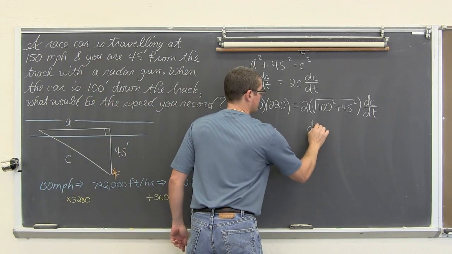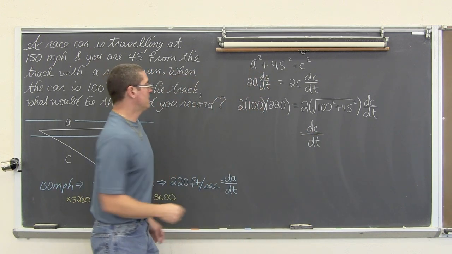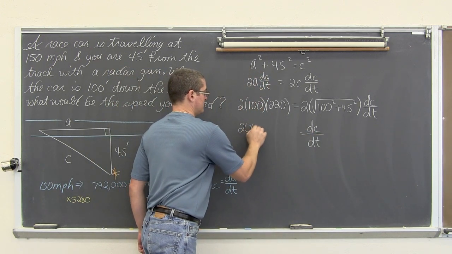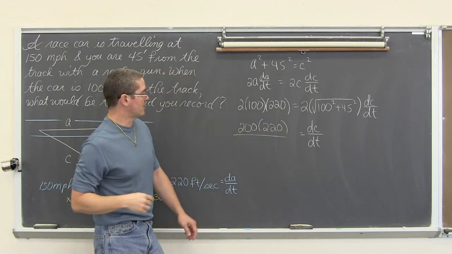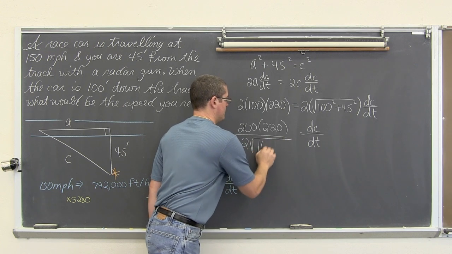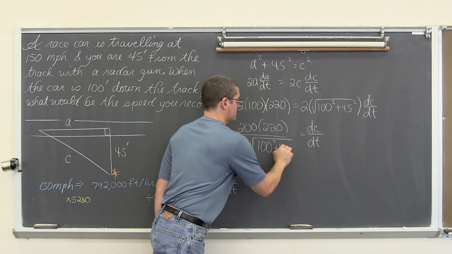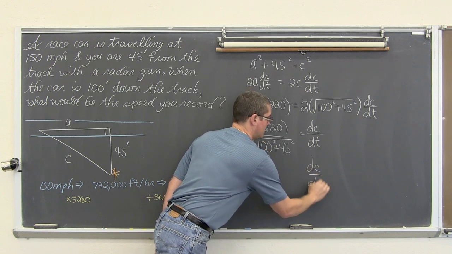and get dc over dt is equal to 200 times 220, I went ahead and did the 2 times 100 there, divided by 2 times the square root of 100 squared plus 45 squared, and we have dc over dt.